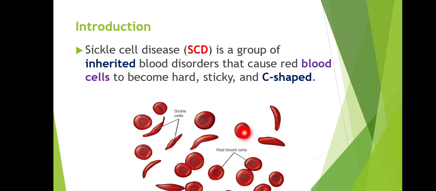As you can see here, we have the normal red blood cell, round and biconcave, but when you look at these sickle cells, they are no longer the shape of a red blood cell that can do what a normal red blood cell does.